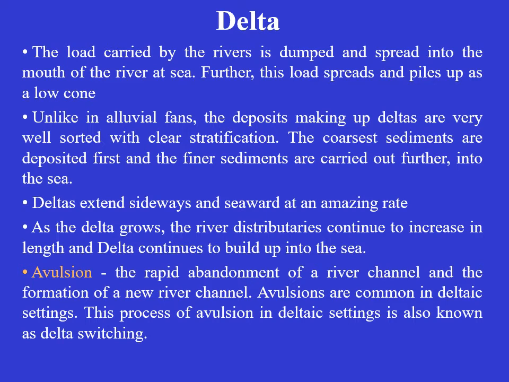At the confluence of the river with large water bodies, these river depositional features form, but it is to be noted that a delta forms only when there is a high amount of sediment supply to those large basins.